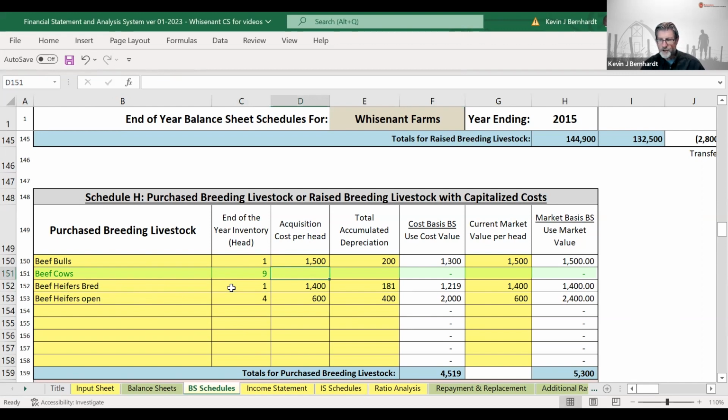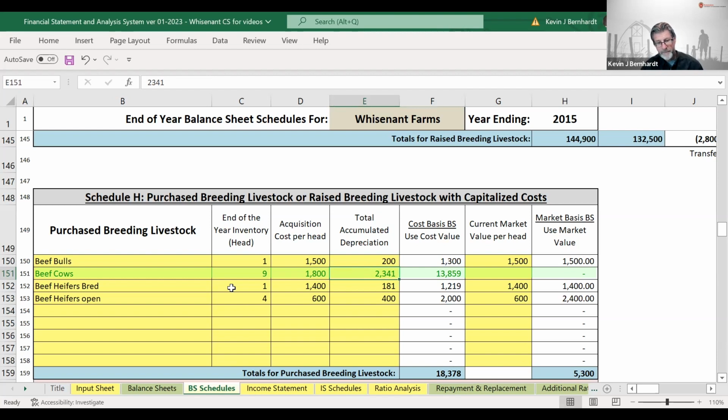The acquisition cost of those beef cows was $1,800 a piece per head, and the total accumulated depreciation in this case is $2,341. And how did we get that accumulated depreciation? That will be covered in the depreciation video. We'll also cover it a little bit more in the next video on machinery and equipment.